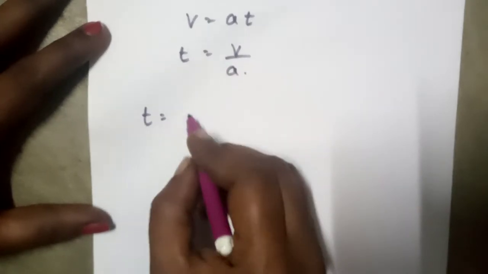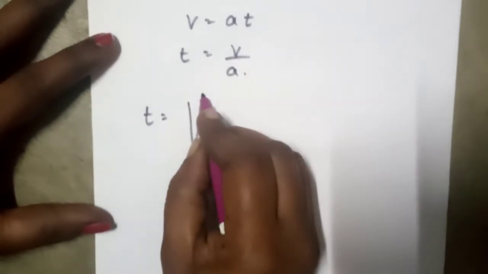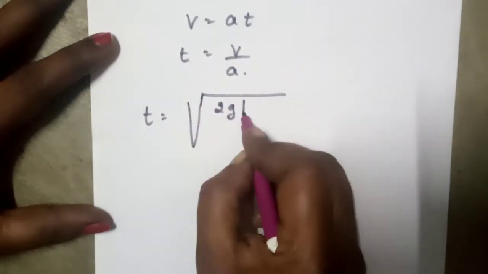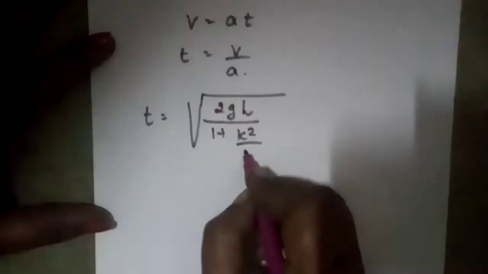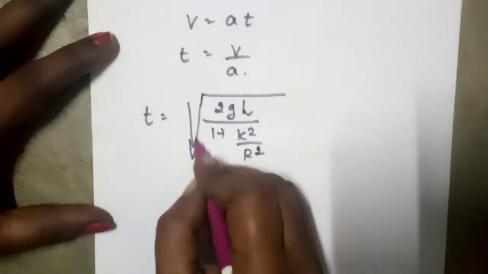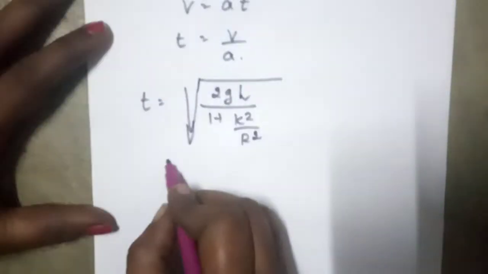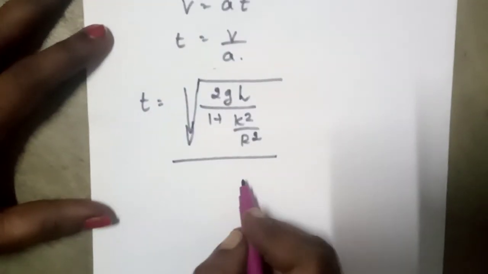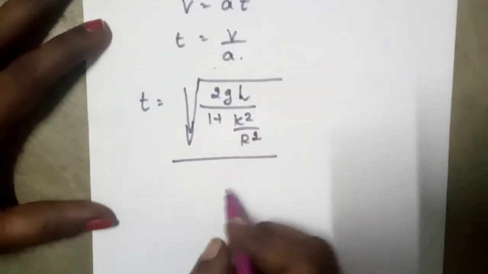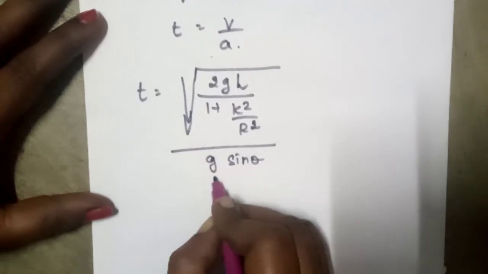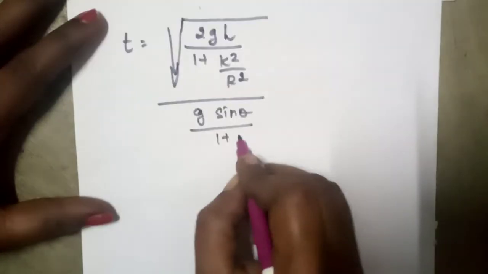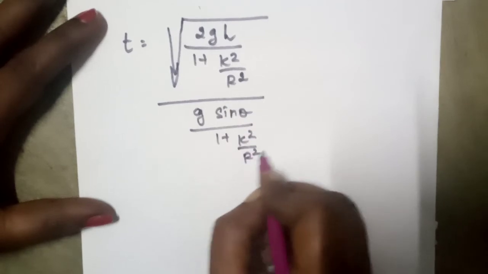Now t is equal to v, where v is square root of 2gh by 1 plus k square by r square. This is the expression for v, divided by the expression for a, which is g sin theta divided by 1 plus k square by r square.